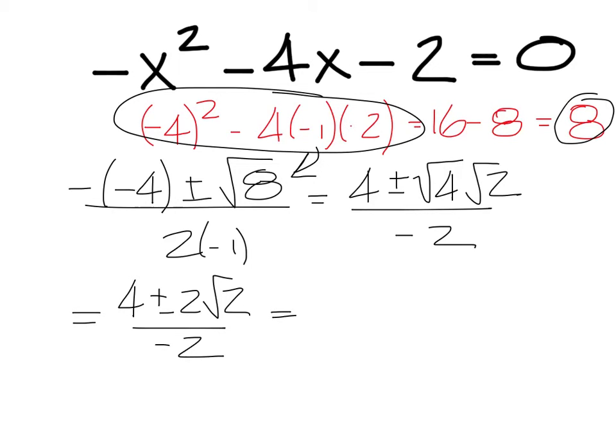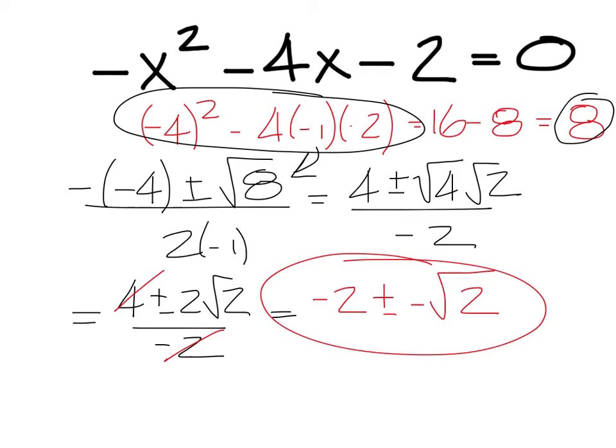So if I divide everything by a negative 2, that cancels out. That becomes a negative 2, and this becomes a negative square root of 2 on the top. Or if you were left with a negative 1 on the bottom, you can't write negative 1 on the bottom. So you really would have been left with no other choice but to change the signs on all of that. So this will be it.